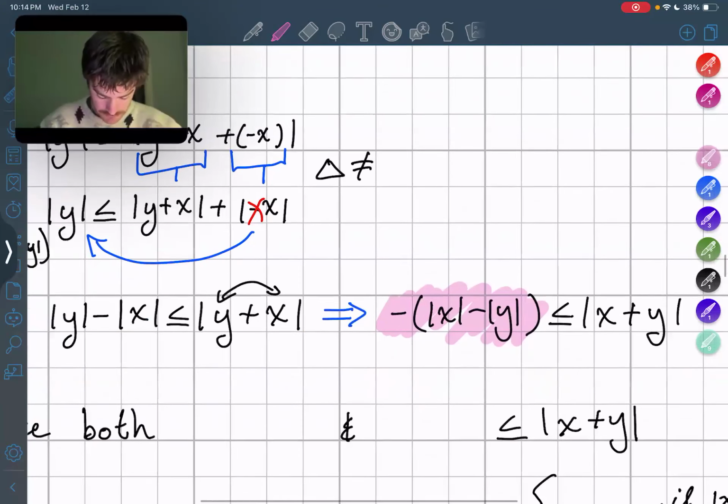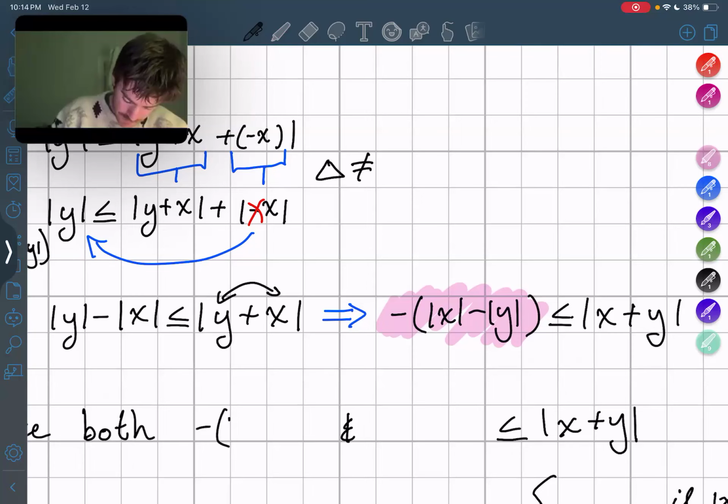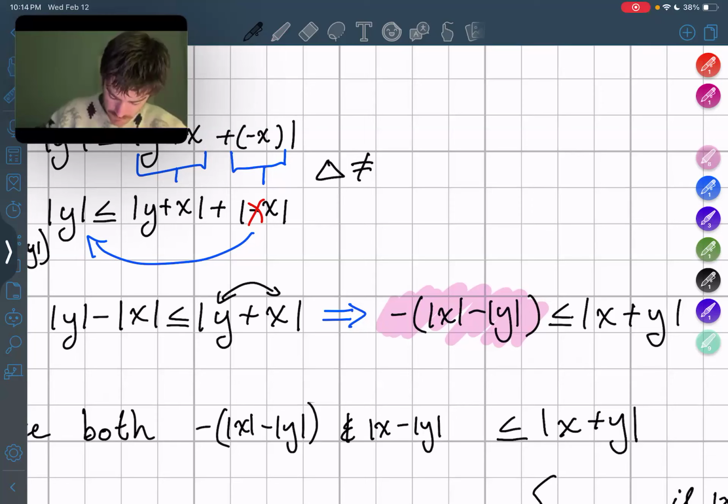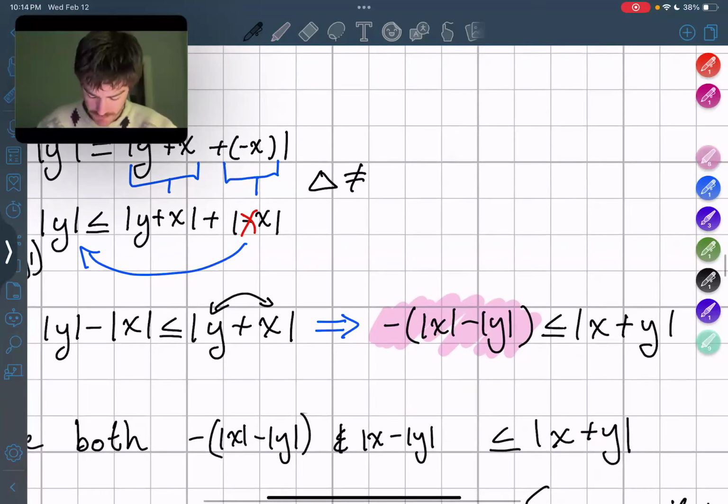All right, so what did we just do? Well, we now know that both negative the absolute value of x minus the absolute value of y and the absolute value of x minus the absolute value of y are both less than or equal to the absolute value of x plus y.